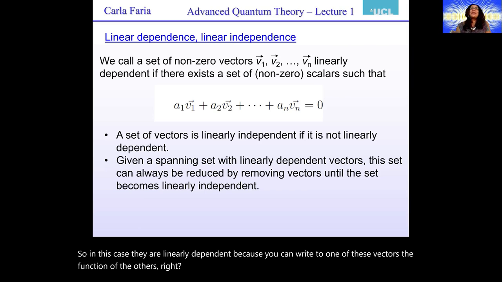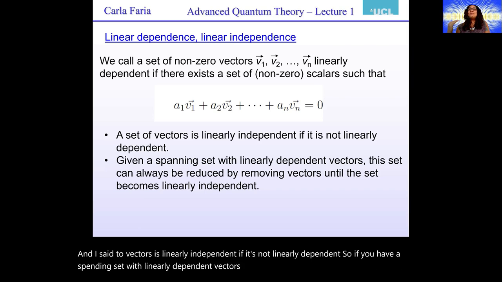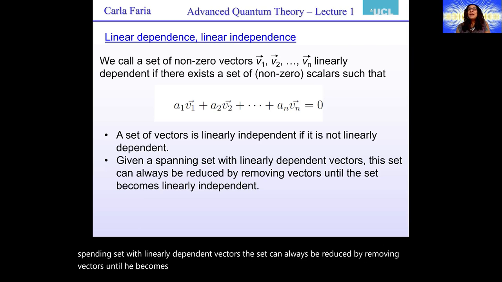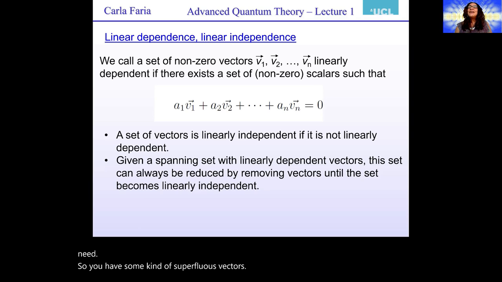And a set of vectors is linearly independent if it's not linearly dependent. So if you have a spanning set with linearly dependent vectors, the set can always be reduced by removing vectors until it becomes linearly independent. This means that if it's linearly dependent, then you have something there you actually don't need. So you have some kind of superfluous vectors to define or to span your space, right?